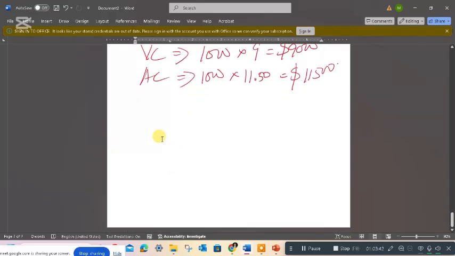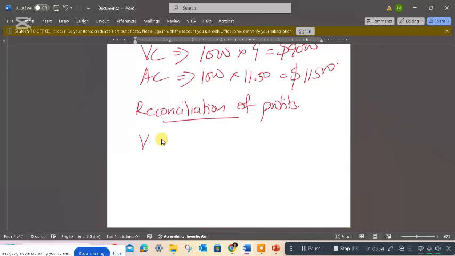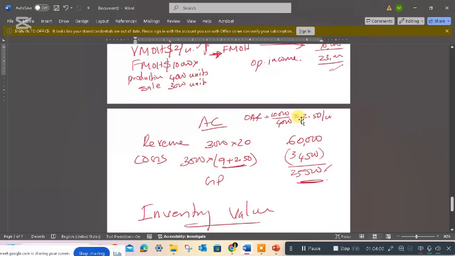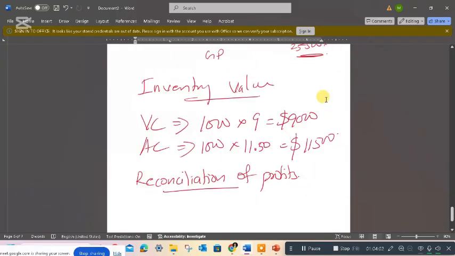Now coming to another important part, we can do a reconciliation of profits. You start with variable costing profit. Variable costing profit in my example now, 23,000.